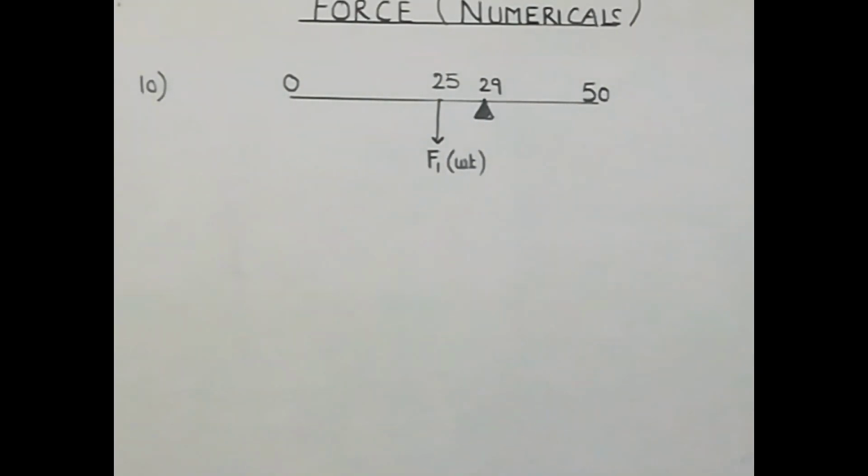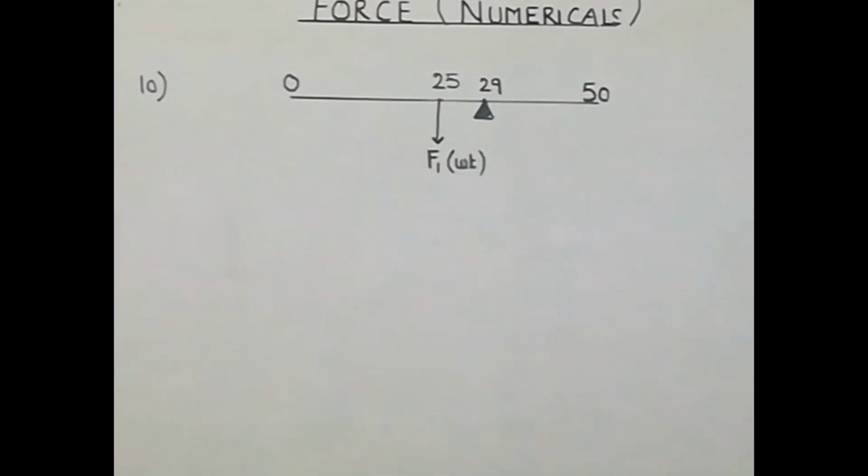And now this rule is balanced when a mass of 20 gram is hung from one end. If you are provided with a mass of 20 grams, you can say that you are provided with a force of 20 GF. So F2 is 20 GF and it is to be hung at one end.